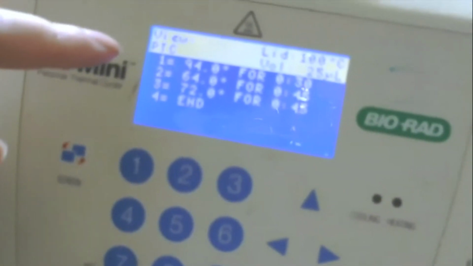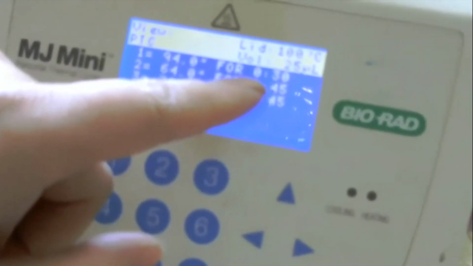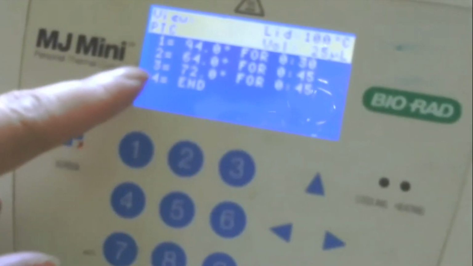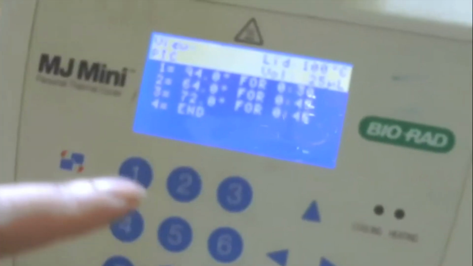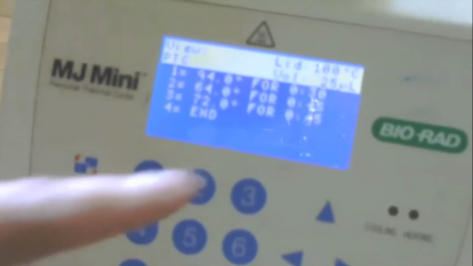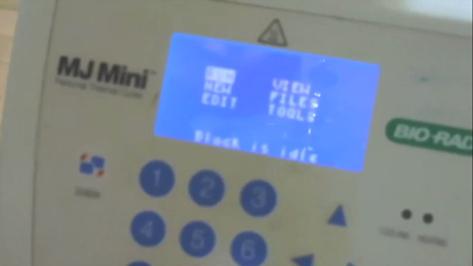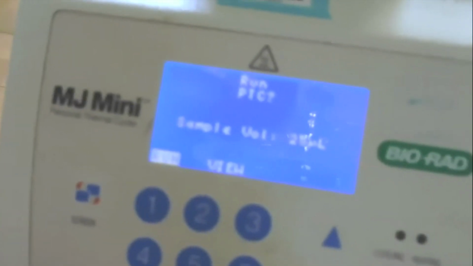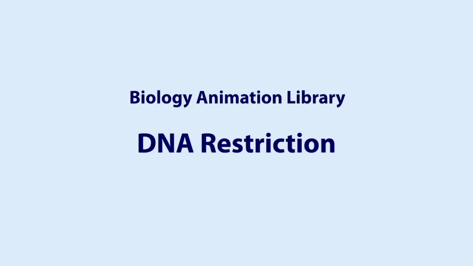Now you know this is the program we set up: 94 degrees for 30 seconds, 64 degrees for 45 seconds, 72 degrees for 45 seconds, and then repeat for 30 cycles. You start the run, then the machine is going to start. All right, that's the PCR step.